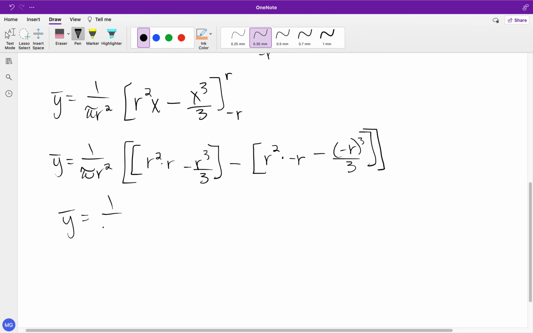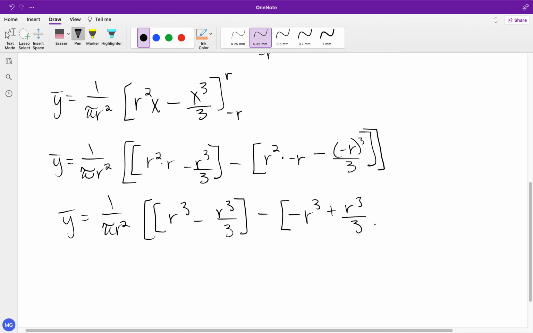From here we can simplify, and we will get r cubed minus r cubed over 3, minus negative r cubed plus r cubed over 3. And here we can distribute this negative.